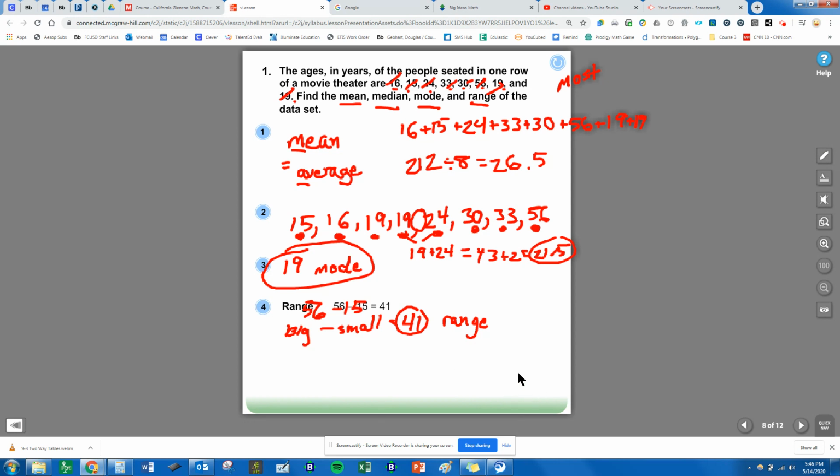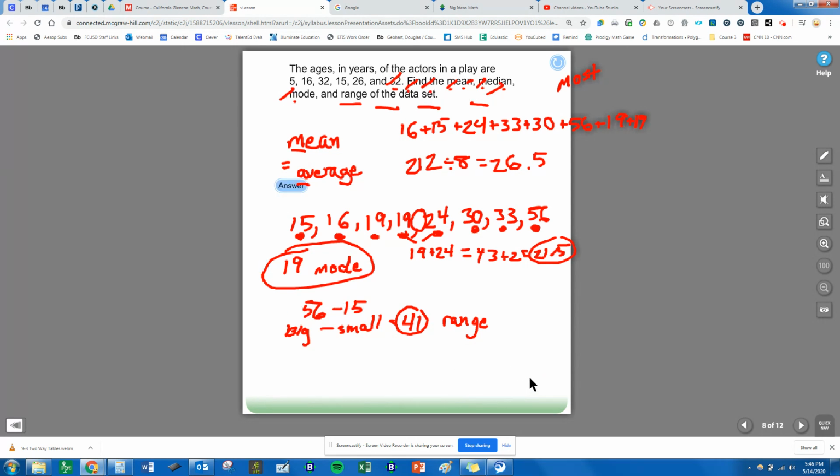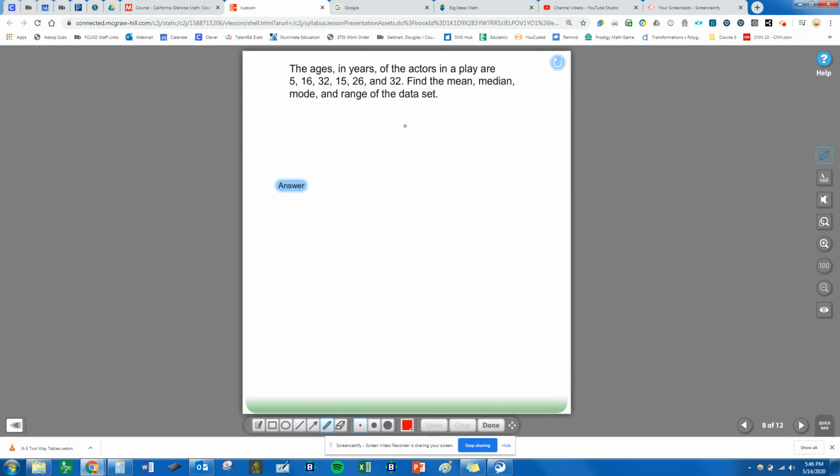And here we are. Let me clear the ink. So here we have the ages of actors in a play. 5, 16, 15, 26, and 32. Go ahead and find the mean. First, find the sum and divide it by the number of numbers.